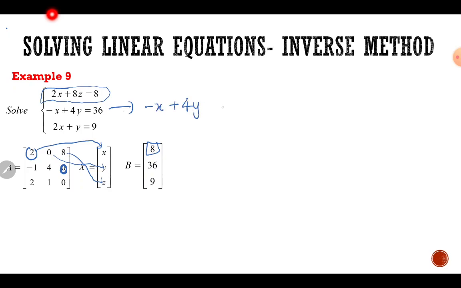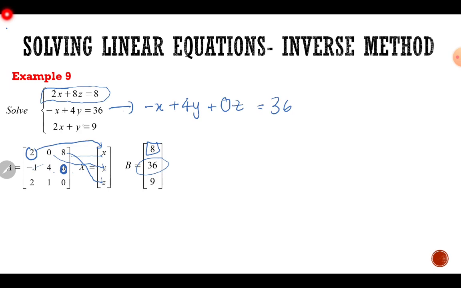Or you may write it as negative x plus 4y plus 0z equals 36. Okay, so we have negative 1, 4, 0. If you don't believe it, you can try to multiply negative 1 times x plus 4 times y, and then plus 0 times z equals 36. So we have negative x plus 4y equals 36.